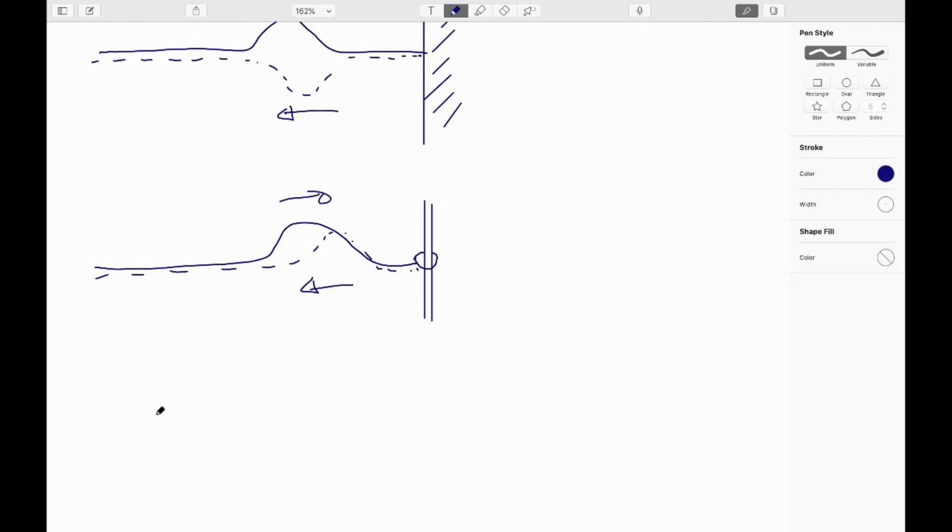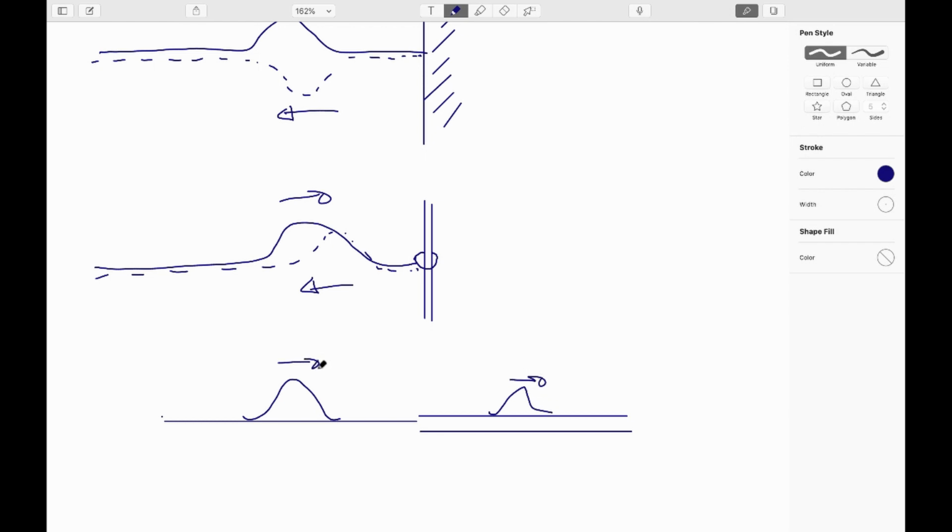In that example, we have a thin string under tension that gets attached to a thicker string under tension. If we send a pulse down, when it gets here, some of the wave will continue to propagate forward, but you'll get a pulse that reflects back upside down.